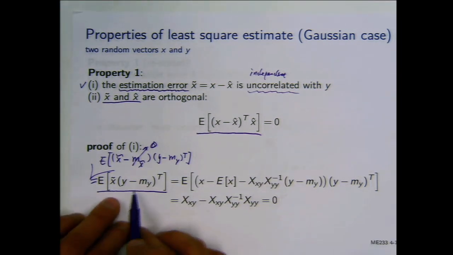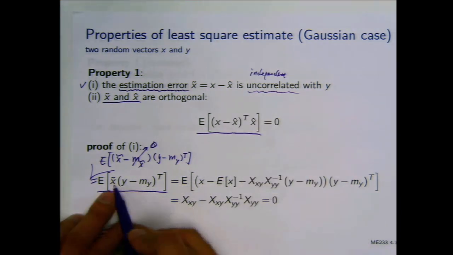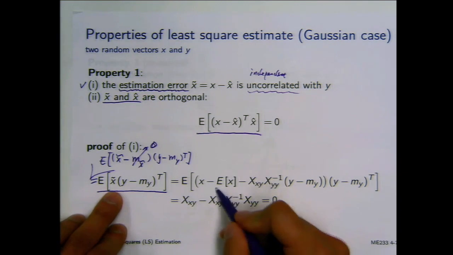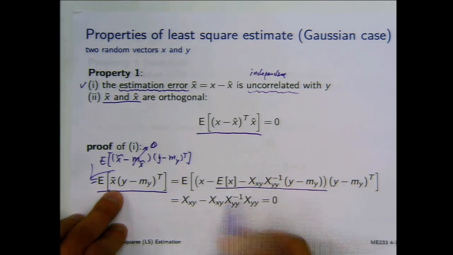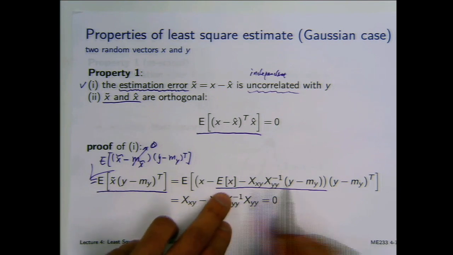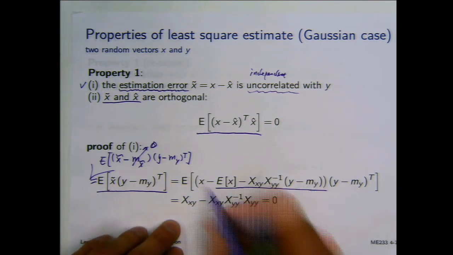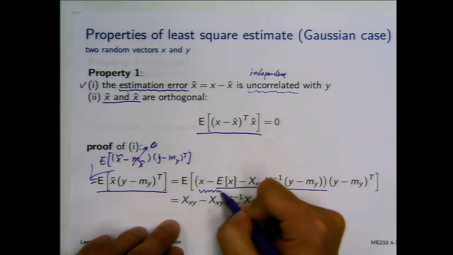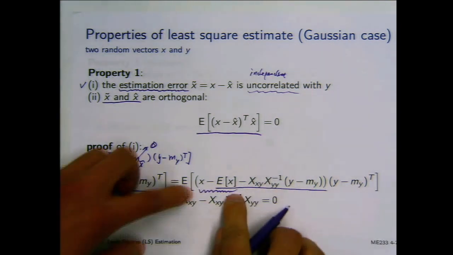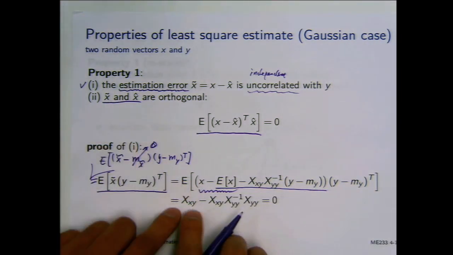Keep this result in mind, that the mean of the estimation error is 0. We'll be using this. Just to write out what x tilde equals to: x tilde equals x minus x hat. X hat, as you have seen, is the conditional mean of x given y. Now, look at this term. This term, after multiplied by this term, is going to give me the cross covariance between x and y.